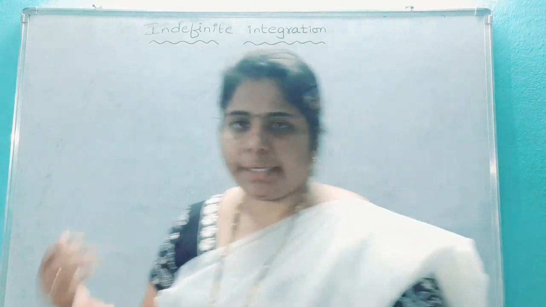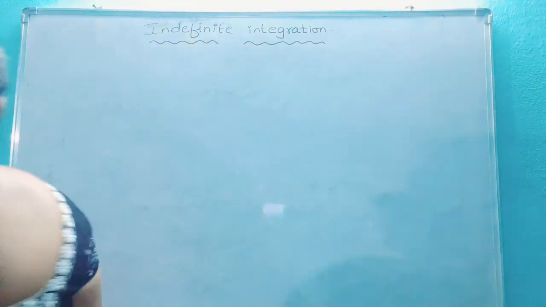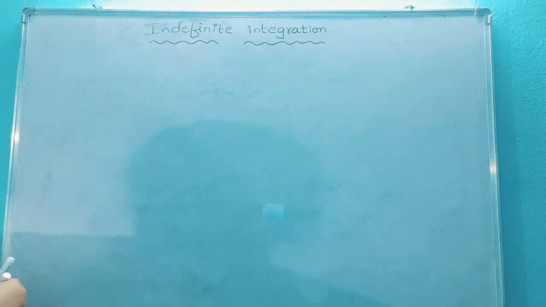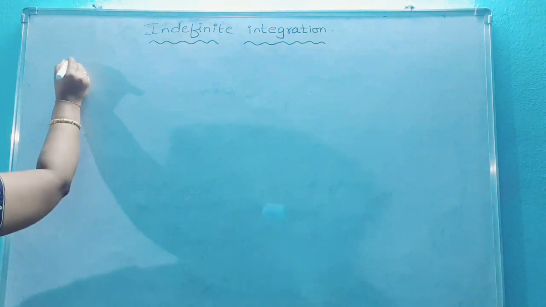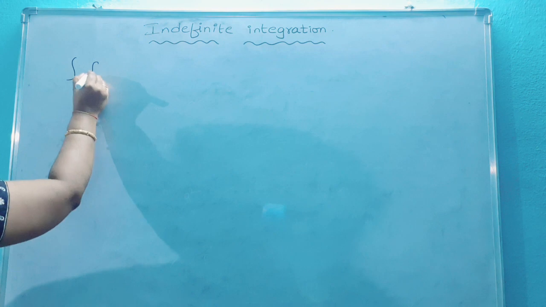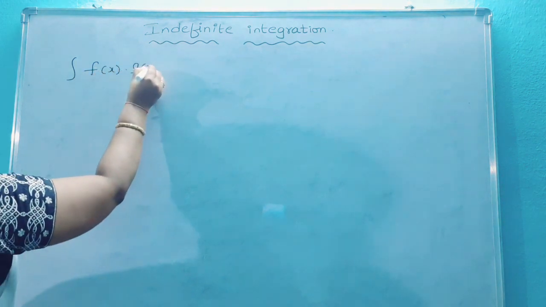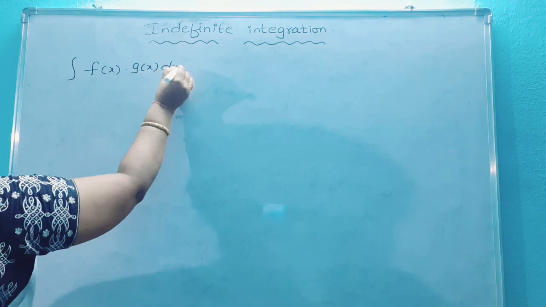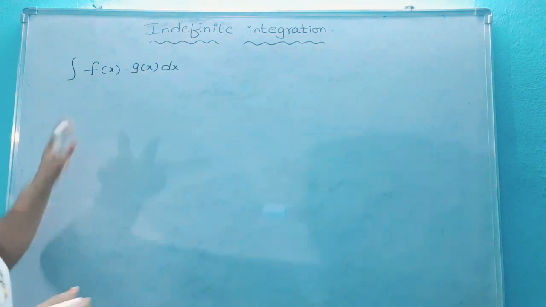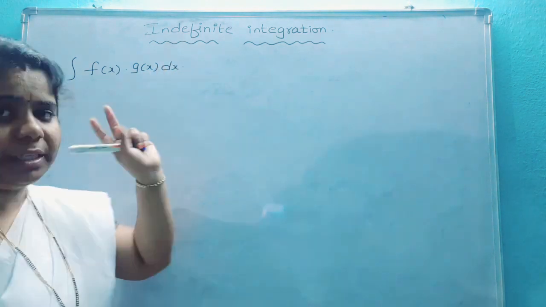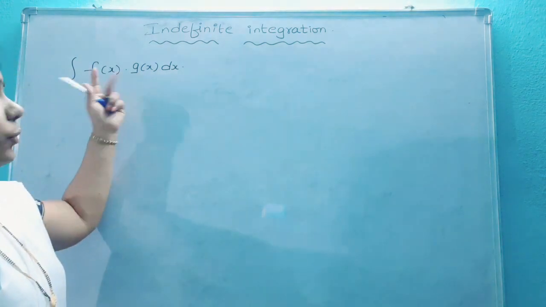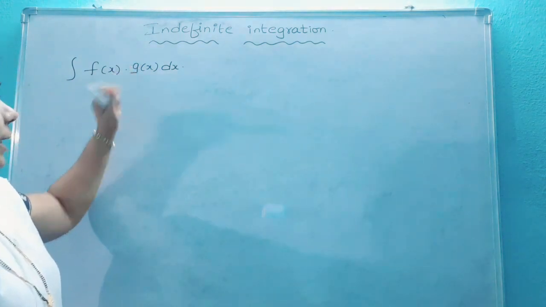What is the integration by parts? Now discuss about that. Integral of f of x into g of x dx. Here we have two functions in multiplication.